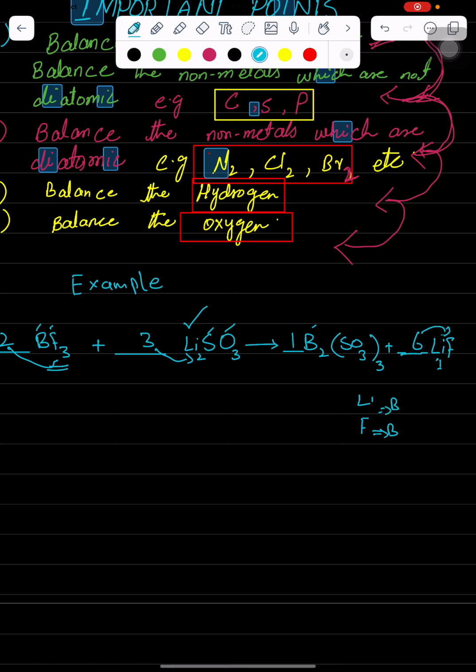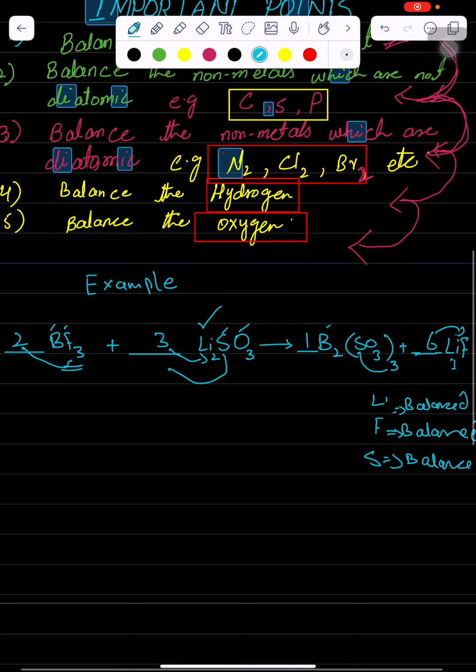Now moving towards sulfur. Here we have 3 S, and here you can also see 3 S. So S is also balanced. What is left over?